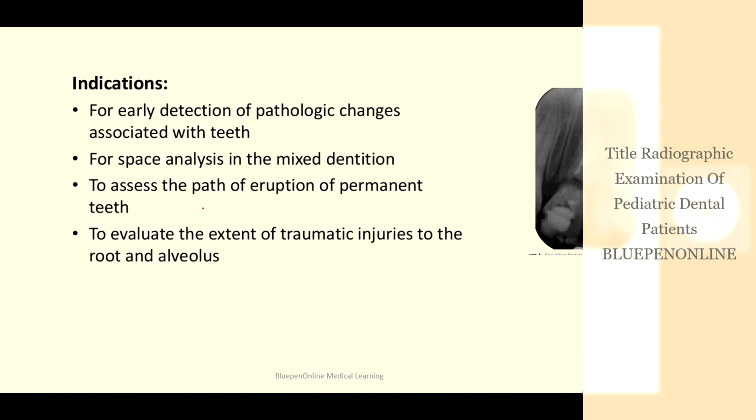It is also used for early detection of pathological changes associated with teeth, for space analysis in the mixed dentition, to assess the path of eruption of permanent teeth, and to evaluate the extent of traumatic injuries to the root and alveolus. Please remember at least 5 to 7 uses of intraoral periapical radiograph.